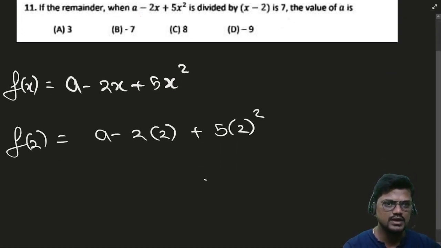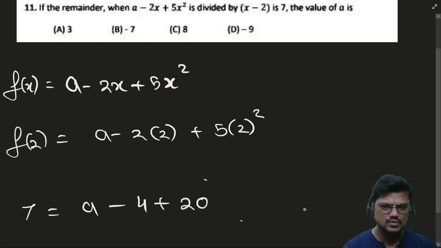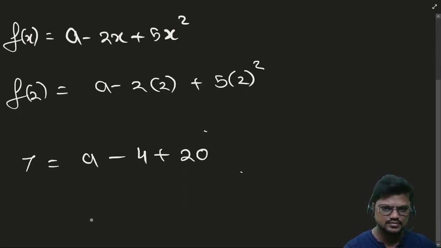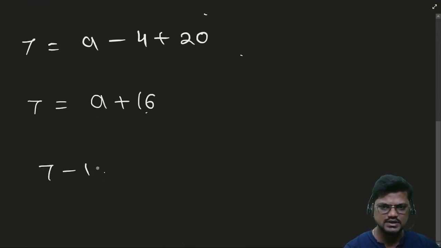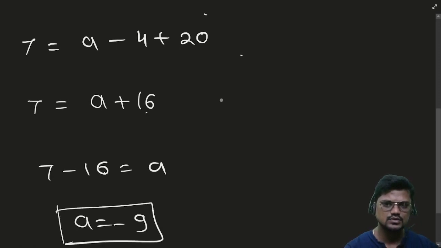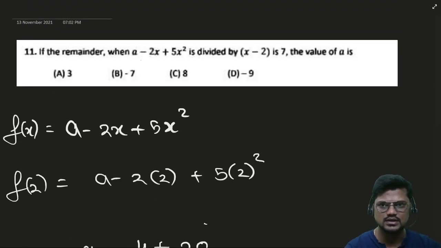But the remainder is how much? 7. They have already given. So f of 2 will be equal to 7. So a minus 4 plus 4 fives are 20. So 20 minus 4 is 16, plus a equals 7. So 7 minus 16 is equal to a. The value of a is minus 9. Okay, the remainder is minus 9. Perfect. Everyone has given the same answer.